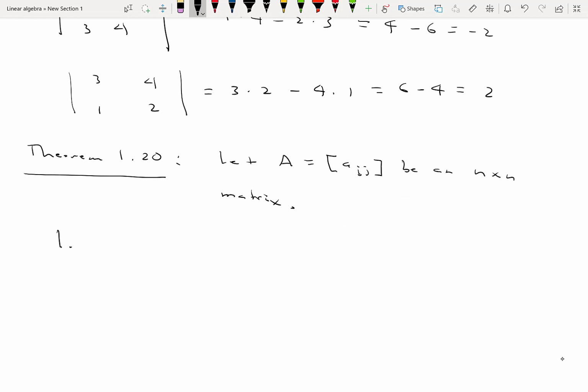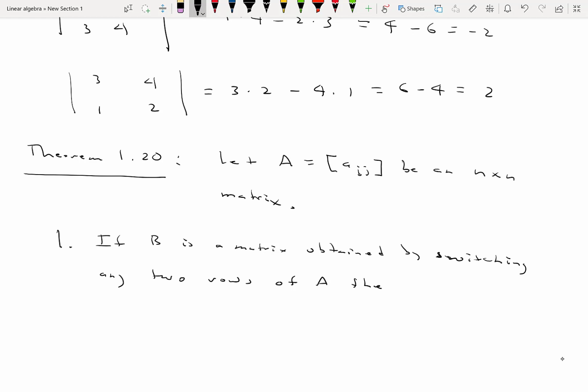So first, if you form a new matrix B by switching any two rows of A, then what does that do to the determinant?